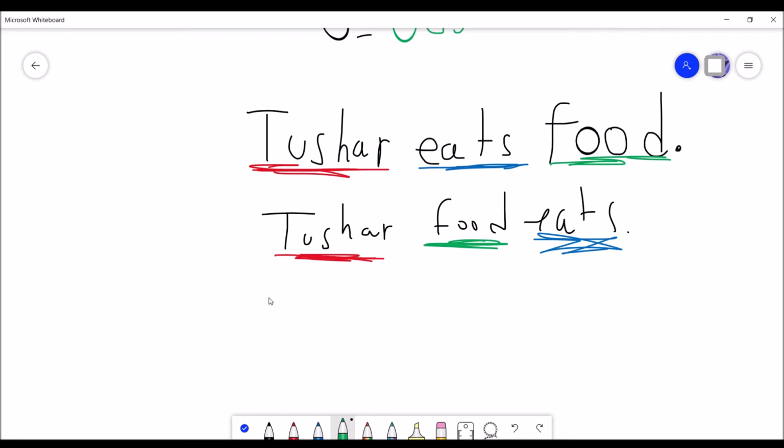It would be Tushar, khana, which is food. Khana means food.